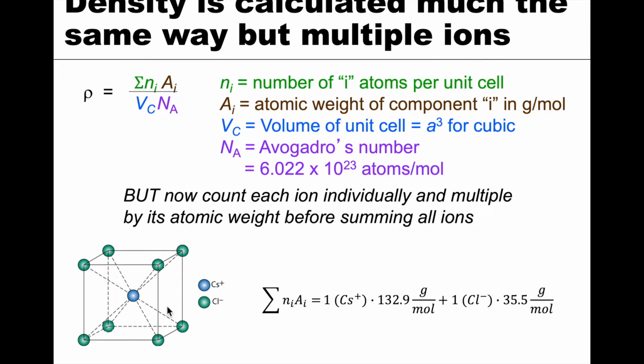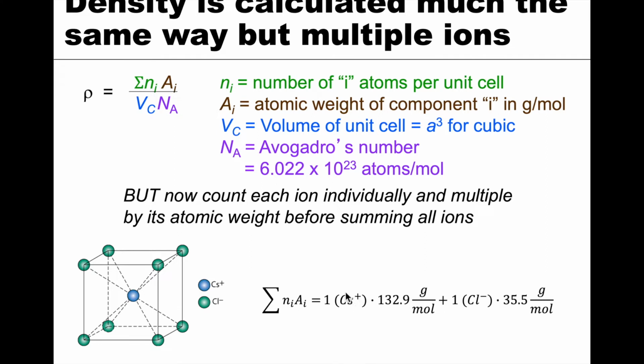However, now if we take cesium chloride, for example, we are going to have to do that summation, because there is cesium, but then there's also chloride, and so we have to count up both species. This is just an example of that calculation for cesium chloride.